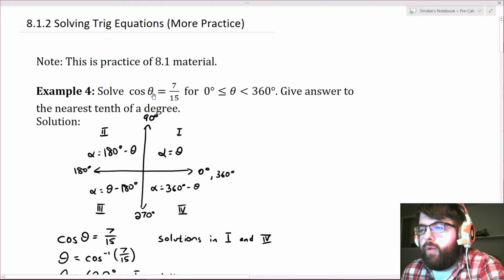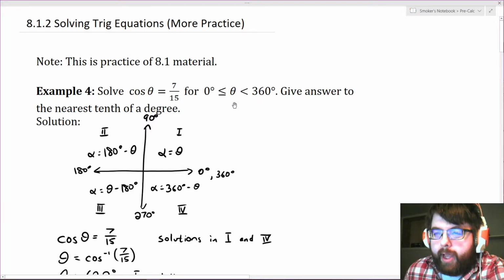Because, for example, let's say one solution, this isn't true, but let's say one solution was 30 degrees. Every time you add 360 to that, 390, add 360 again, you get to the 7/15 because of coterminal angles.